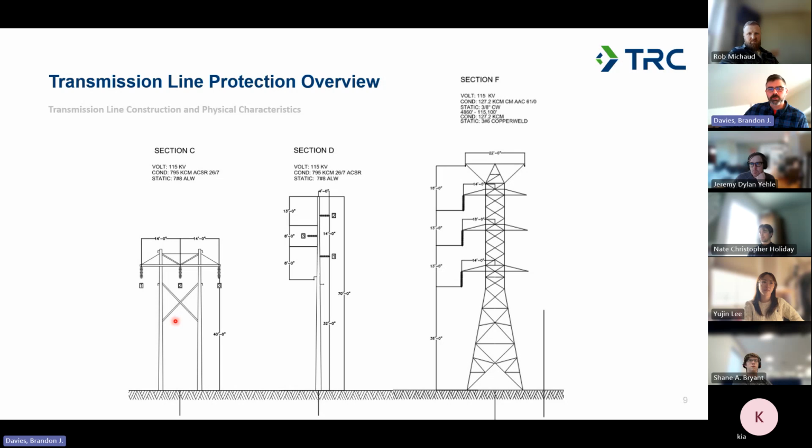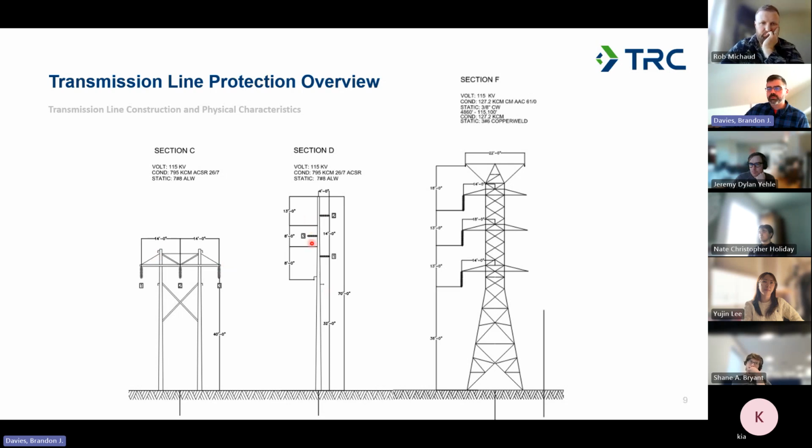We've got a vertical tower in the middle, kind of this H-frame structure here, and then more of a steel lattice structure. But each of them have a lot of the same stuff, where we've got these insulator stacks that are supported by the structure itself, either hanging or horizontally. And then we have some spots at the top where our ground wires would connect to those. So you'd have your 3 phases across the bottom, and then you'd have a static wire or ground wires up at the top that would also be part of that.